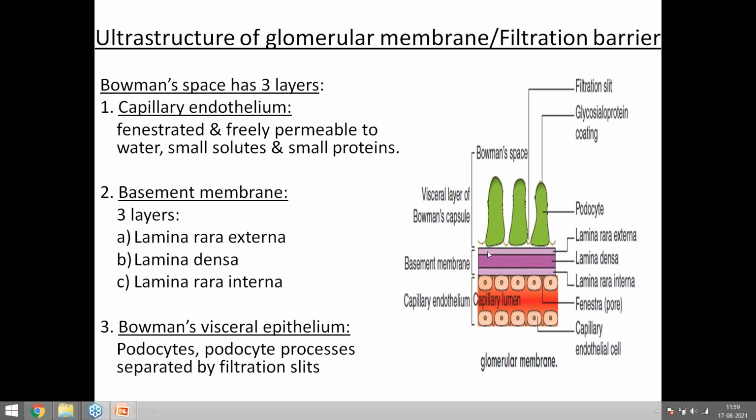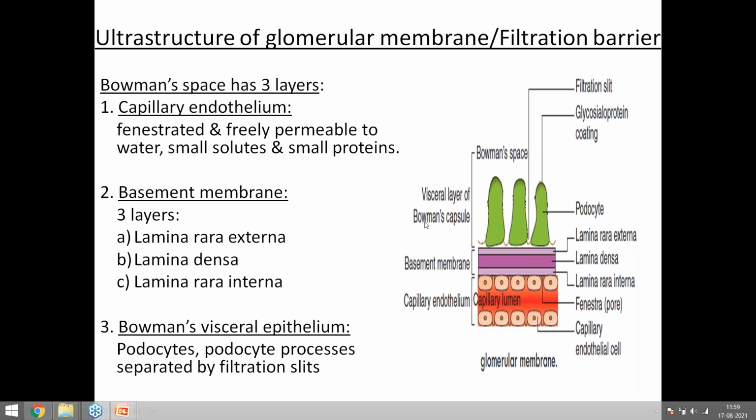It comprises three layers: lamina rara externa, or the outer cement layer, then the middle layer, lamina densa, and then the inner layer, lamina rara interna. No pores have so far been demonstrated in the basement membrane. However, its permeability corresponds to a pore size of about 8 nanometers. So this is your second layer, the basement membrane.